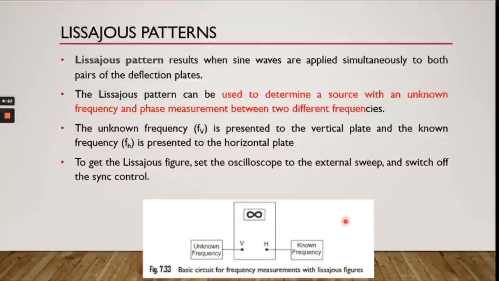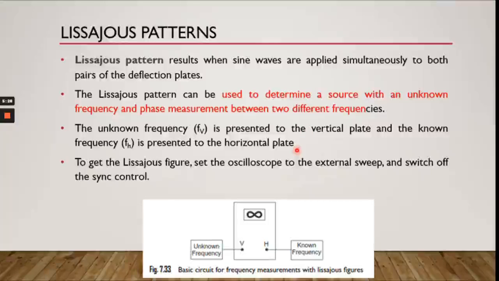We can use this pattern to determine two things: if we have a source with an unknown frequency, we want to know what the frequency is, or we want to measure the phase difference between two different signals, where the frequency should be the same. We are talking about the phase difference here, so slight typo here.